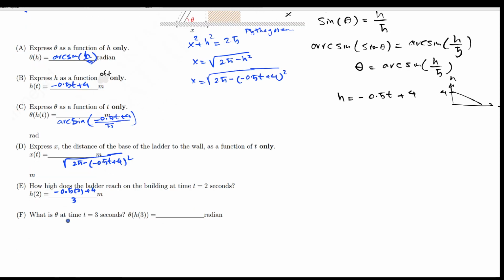It's asking what is theta at time t equal to 3 seconds. So going back into the formula, I have to compute arc sine of negative 0.5 times 3 plus 4, divided by 5.